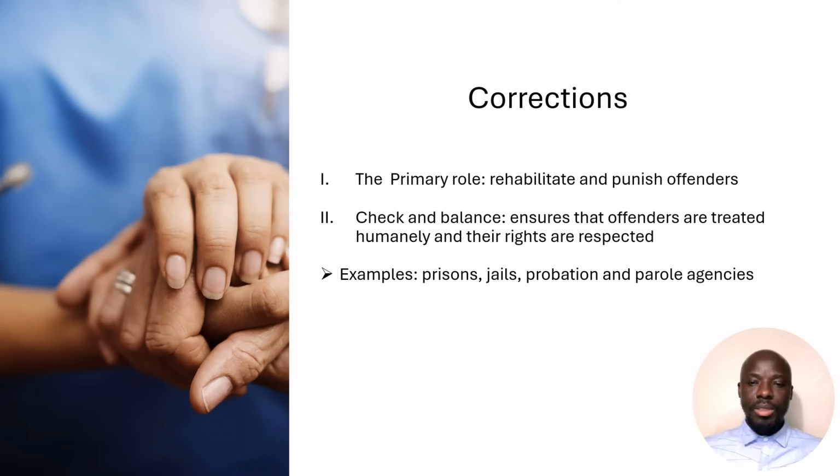Number three, the corrections. The primary role of corrections is to rehabilitate and punish offenders, and the check and balance is to ensure that offenders are treated humanely and their rights are respected. For example, we have prisons, jails, probation, and parole agencies.